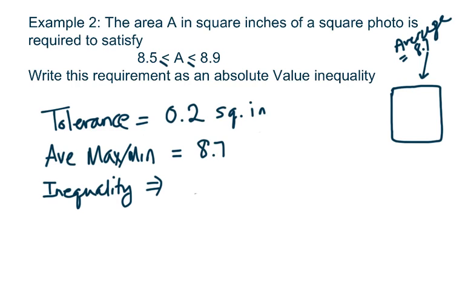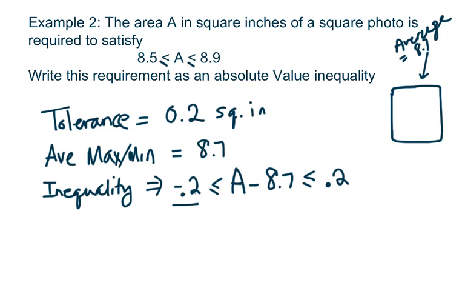We're going to write it like this: the photo that the customer is getting, minus the average size of the photo that we want, is going to be between negative 0.2 and 0.2. So negative 0.2 is less than or equal to the difference between A and 8.7, which is less than or equal to 0.2.